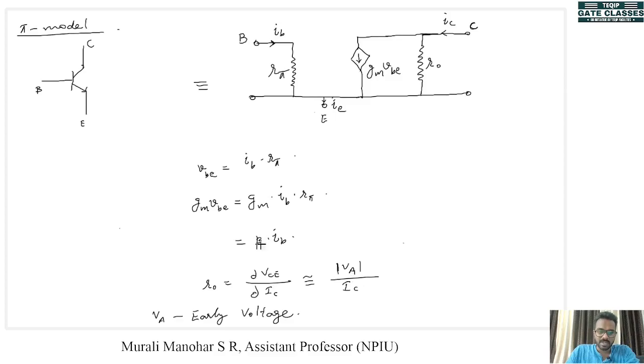Now we have arrived at an equation that says GMVBE is equal to beta into IB. Let's say if this is equation 1, this is equation 2. So from equation 2, we can derive another equivalent circuit, which is a current controlled model.